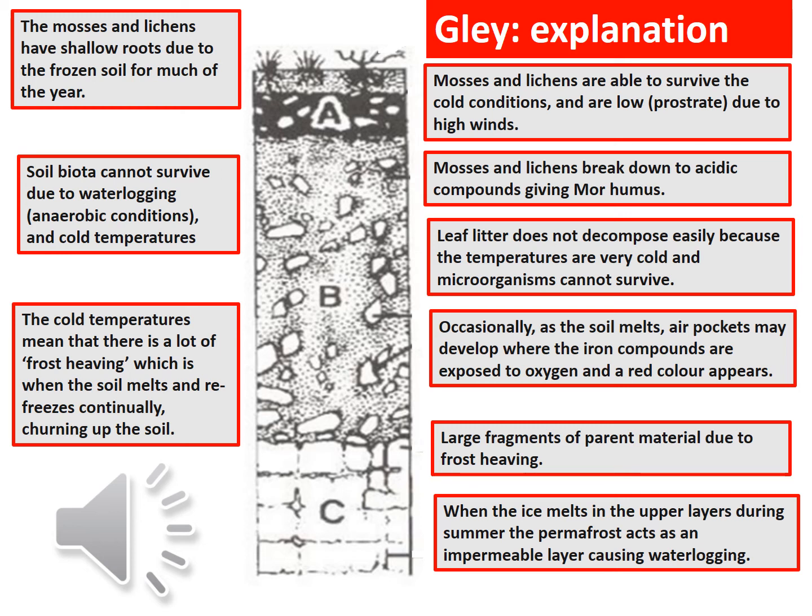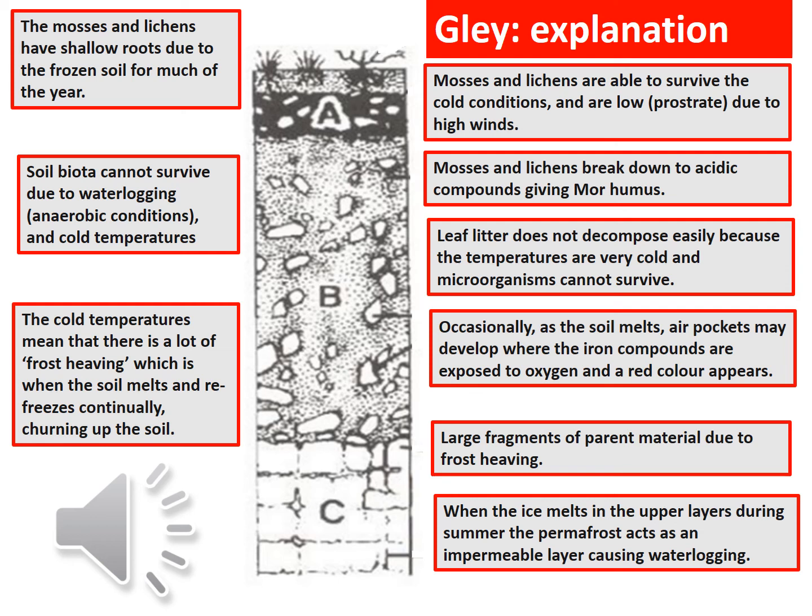Now, it doesn't have anywhere to go because right at the bottom at the C horizon, it is impermeable. Remember, permafrost is permanently frozen. So the water can't go anywhere. So it sits on top of the C horizon. So that's why it's waterlogged. So when the ice melts in the upper layers during the summer, the permafrost acts as an impermeable layer, causing waterlogging.